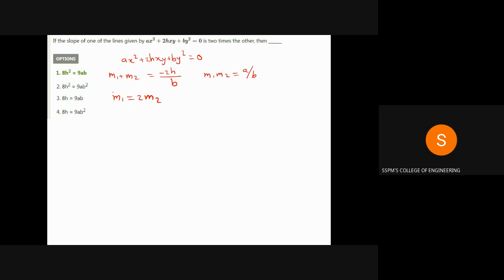Therefore, if you put this in this equation and this equation, we will get 2m2 plus m2 is equal to minus 2h divided by b, and from this equation we will get 2m2 squared is equal to a by b, that is m2 square is equal to a by 2b.